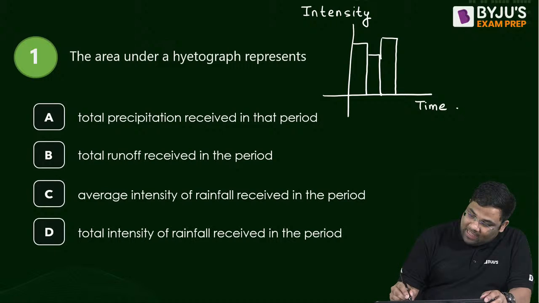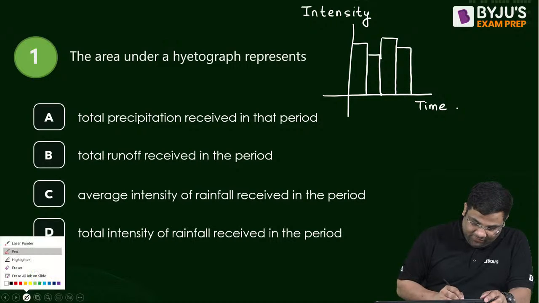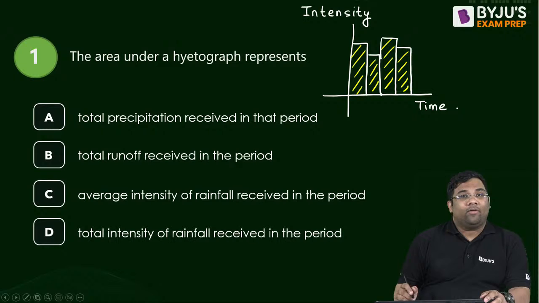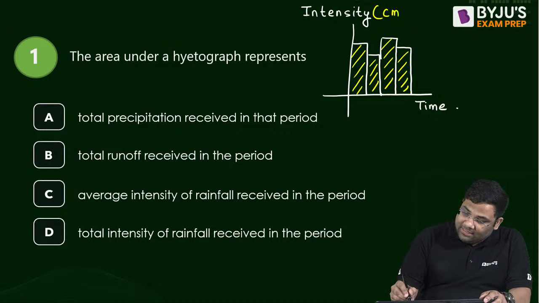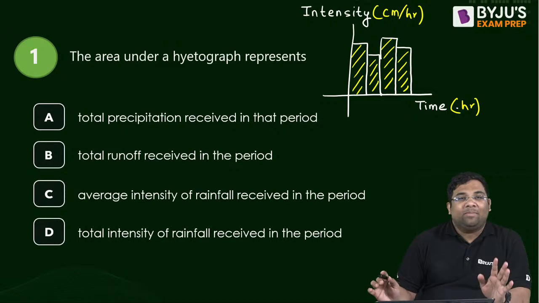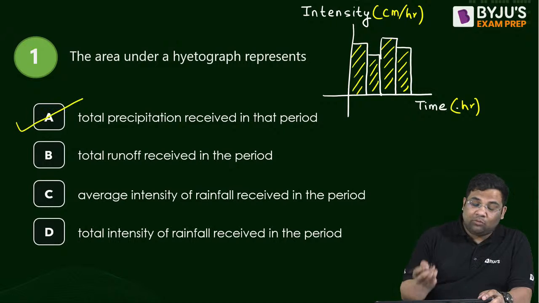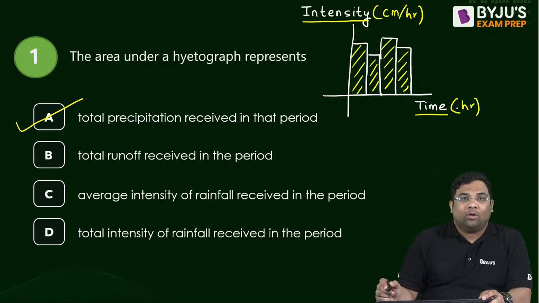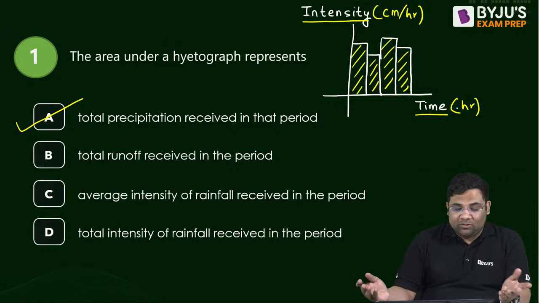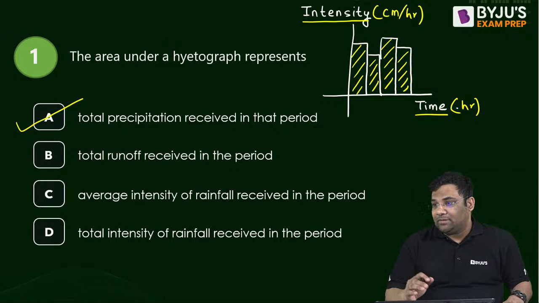If we take the area, we get the total rainfall. Because intensity will be in centimeter per hour and time will be in hour, so if you multiply, you get centimeter, that is the total rainfall. If they ask what the plot is between, it is intensity and time or duration. But if they ask what the area represents, it represents the total rainfall or total precipitation. So A is the right answer.